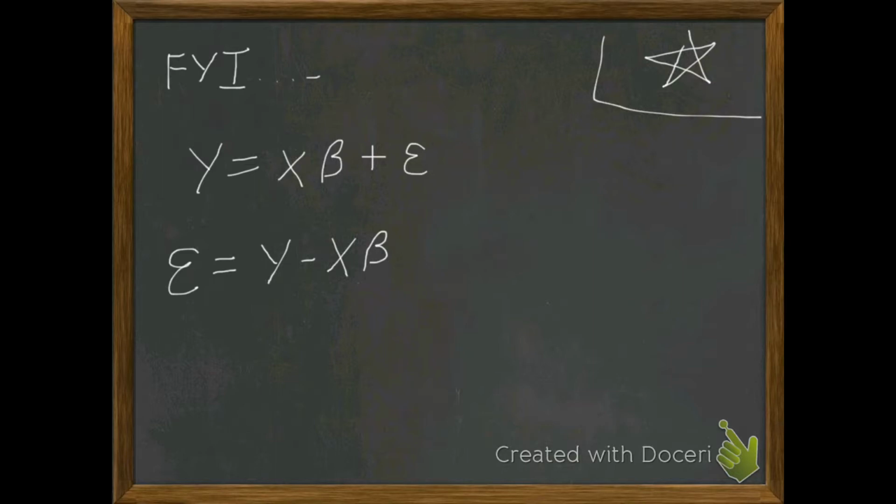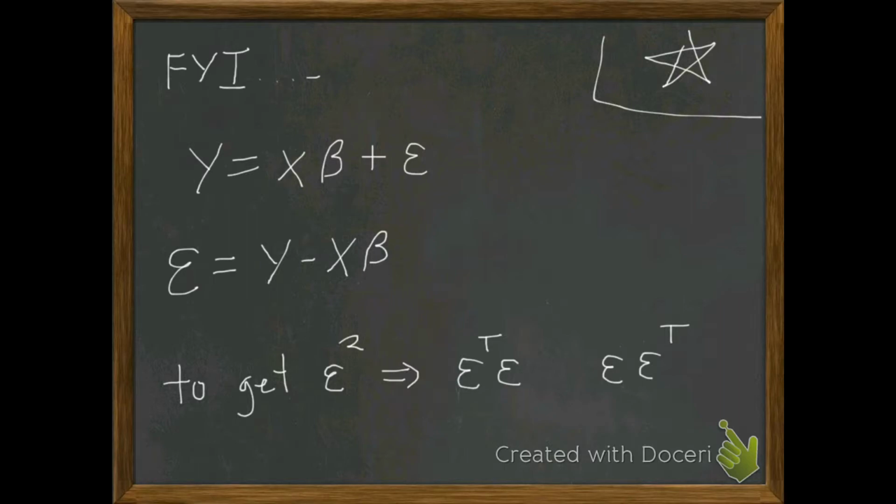Now to get our error squared, we have either got to investigate error transpose times E or errors times error transpose.